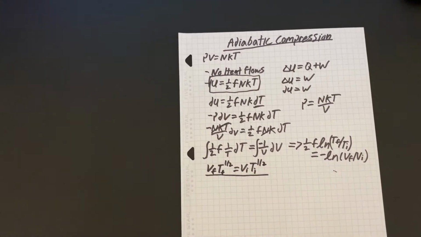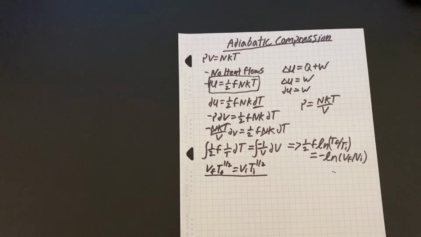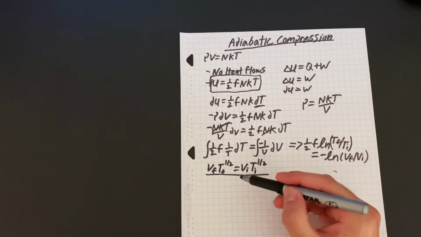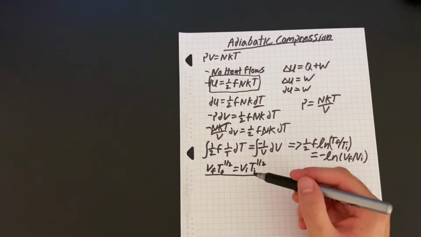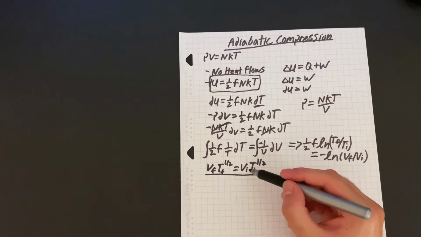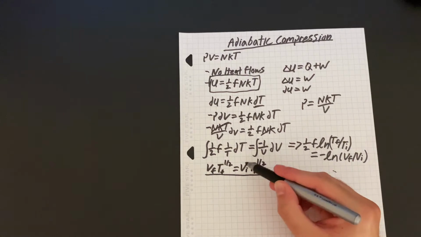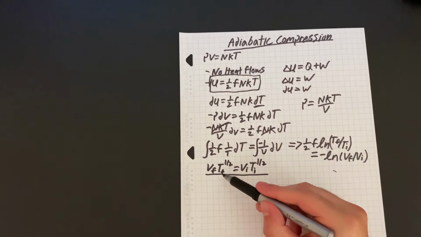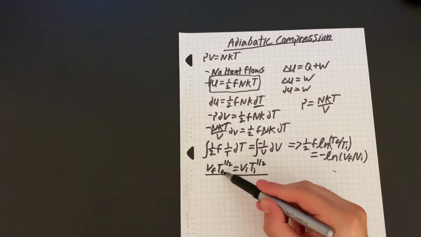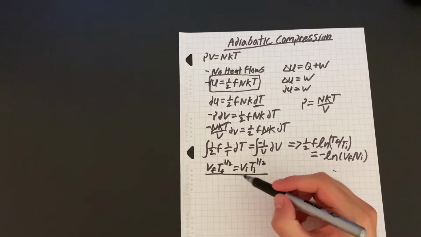And this equation makes a little more sense to me, so I'm going to stop here for a little bit, because looking at this makes more sense than the other equation that most books use. What this says is you can take any starting point of your system and the final volume, and you can find the final temperature. You can algebraically solve for it.